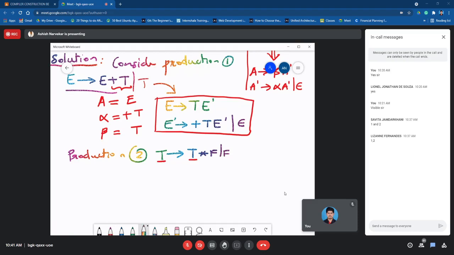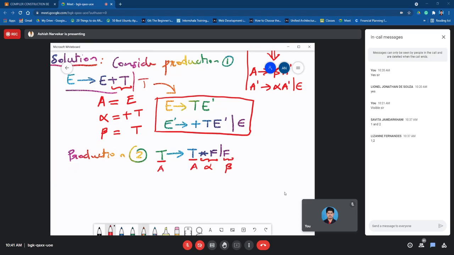Okay. So now we know that this is in the form A derives A alpha or beta. We know which is alpha, right? So just for our reference, I'm writing this is alpha and this is beta. This is our A, this is our A, correct?